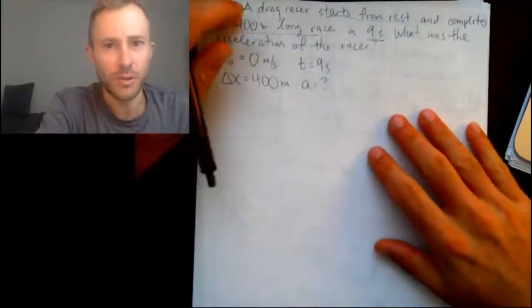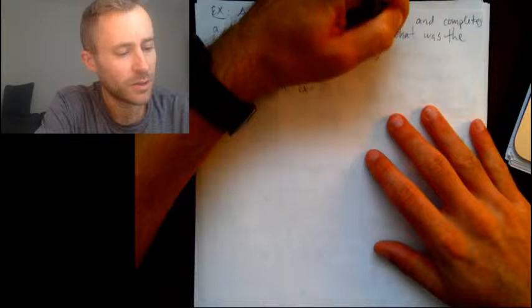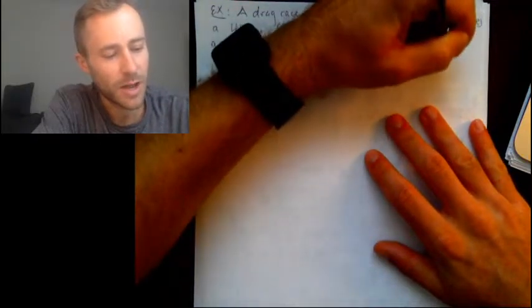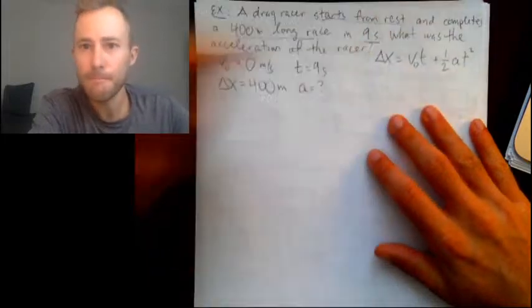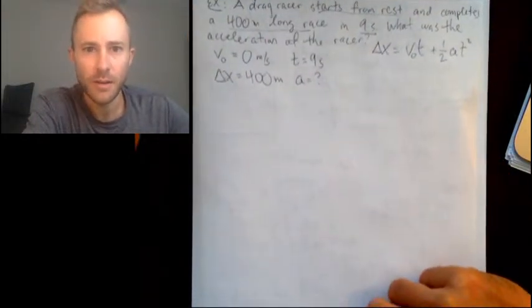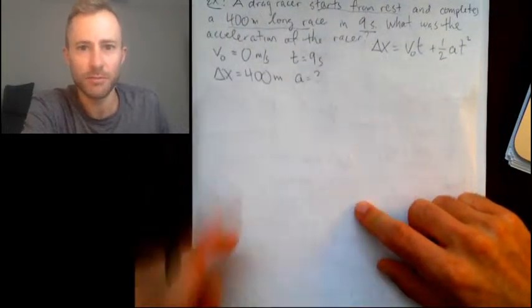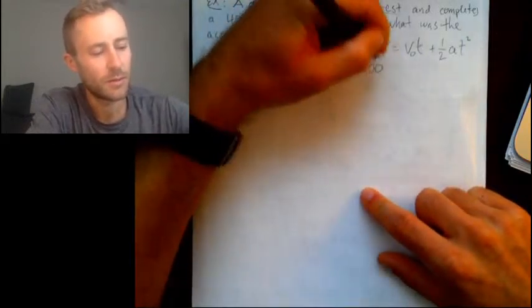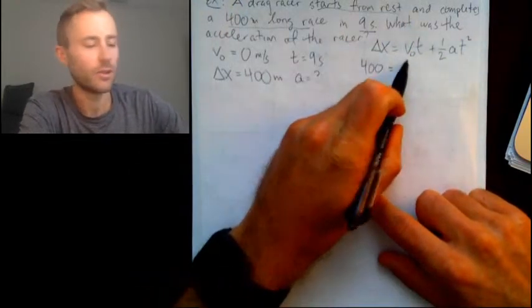So here's what we do. We write the equation down. Delta x equals v naught t plus 1/2 at squared. And then we substitute in the numbers. Okay, delta x is 400. V naught is 0.